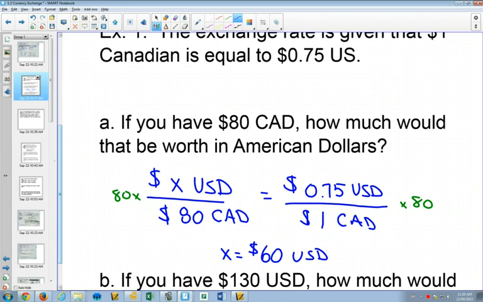Ugh, feels like you lost $20. You could divide 80 by 4 here, that would give you 20, right? And that's 1/4 of it, and then subtract it off.